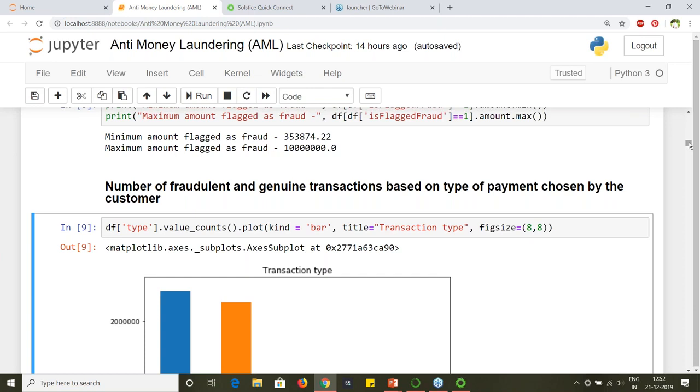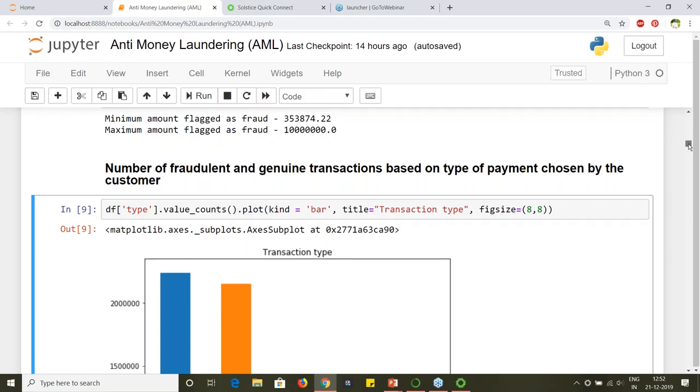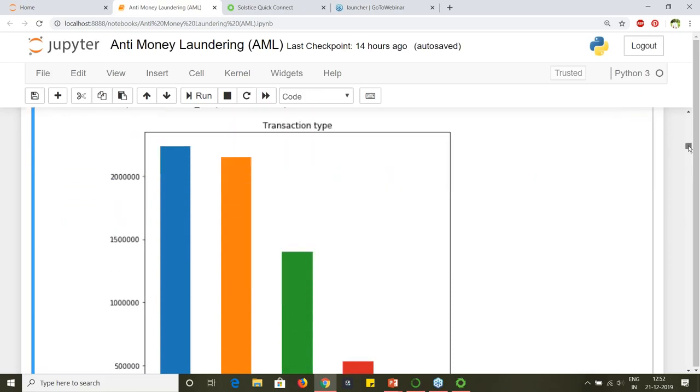Okay. Again the password change. Yeah, they are changing it.